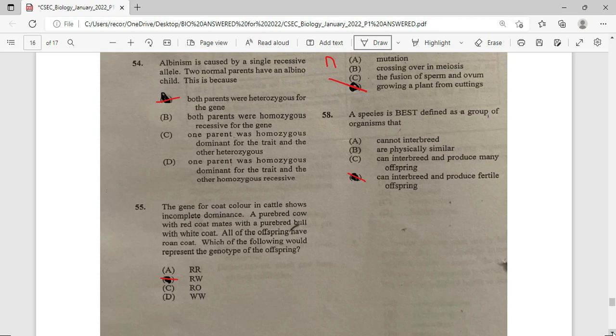All the offspring have one coat. Which of the following would represent the genotype of the offspring? It's going to be heterozygous, capital R, and of course W. Remember, they are red and white, and we are using the allele red and white.